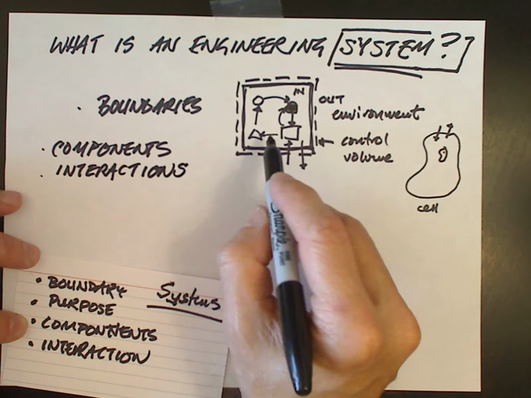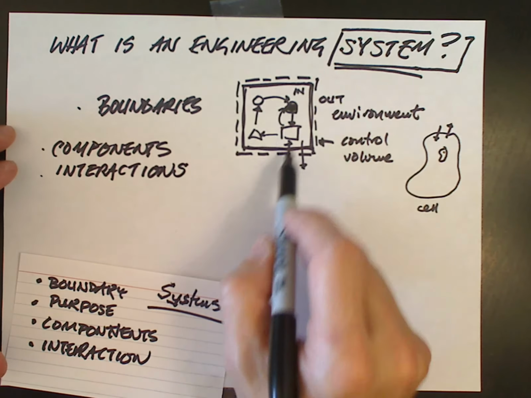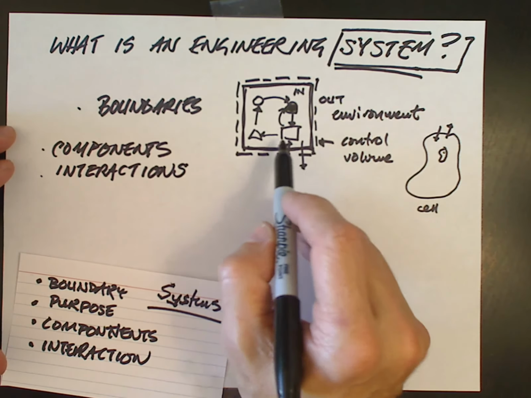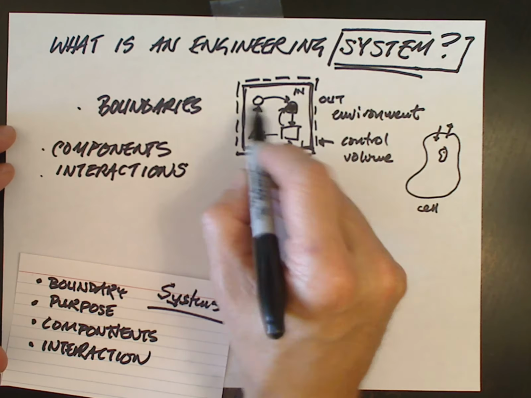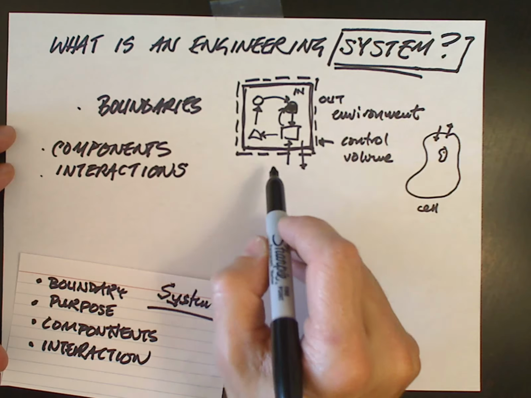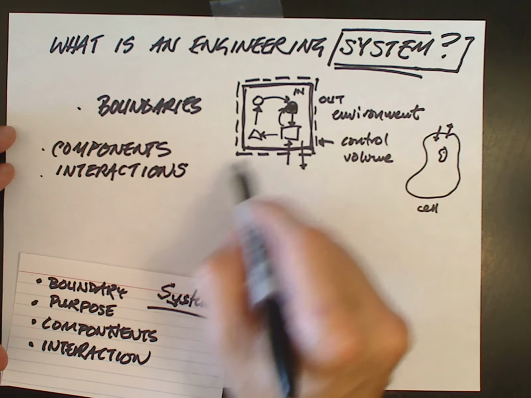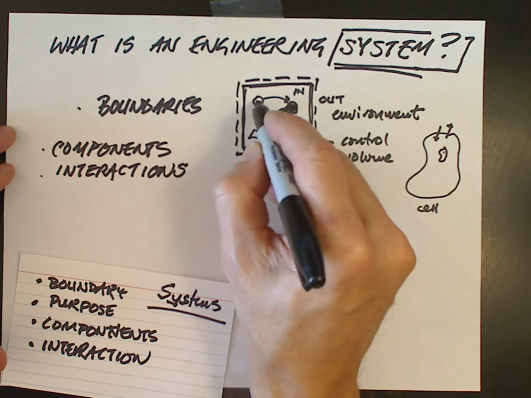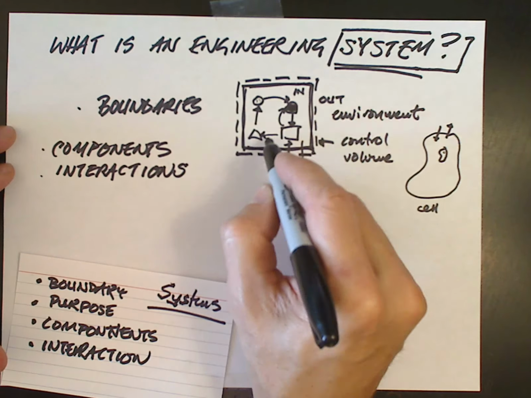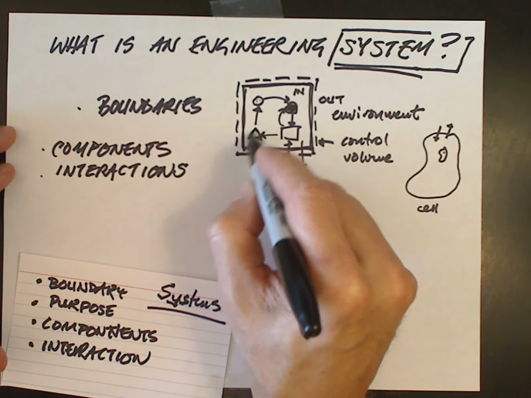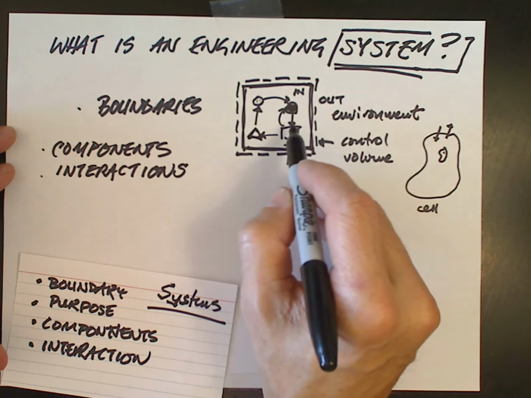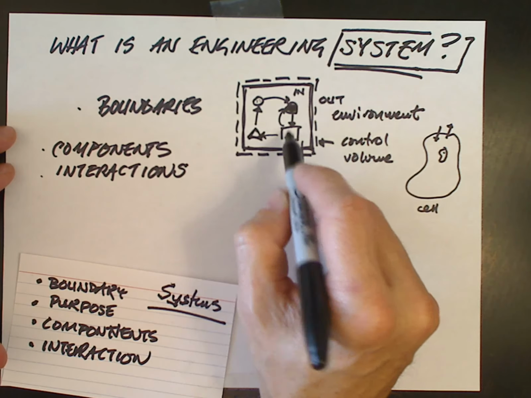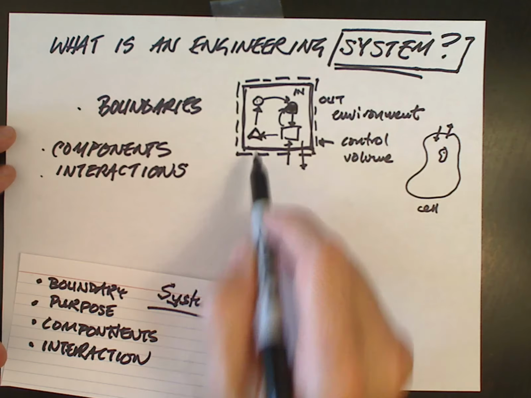When we're interested in systems, it's not just a random collection of things that don't have any relationship to one another. A system knows what's in, knows that it has different components, and the important thing about the components is that they interact. The state of one component depends upon the state of other components. It's that kind of interaction that makes the system so interesting, that gives us the system's perspective.